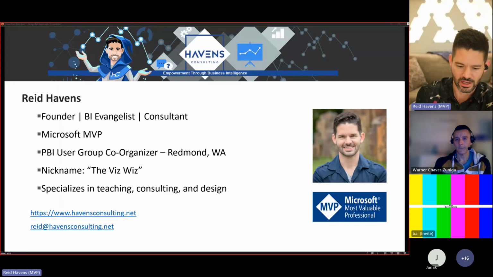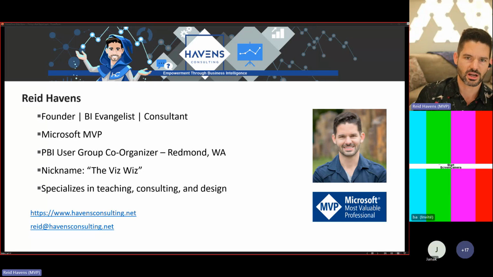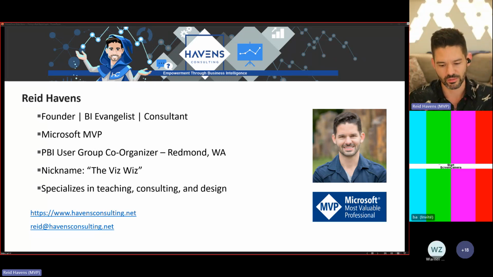Okay, perfect. Yeah, so my name is Reid Havens. We'll do a little introduction about myself and then talk about what we will be going through today. So I've been in the BI space now for about 11 years, started all the way back with Excel and Power View, working my way into Power BI and following closely the evolution of Microsoft.